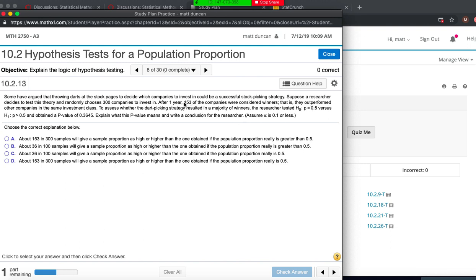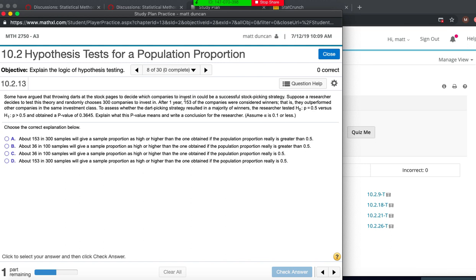In this case, it looks like we got 153 out of 300, which is a little bit higher than 50%. But the question becomes, did we just happen to get a little bit higher than 50% by chance? Or is it really telling us that the true number is something higher than 50%?